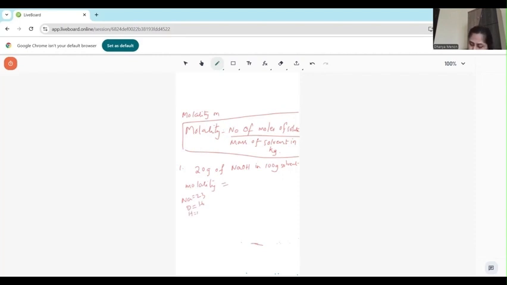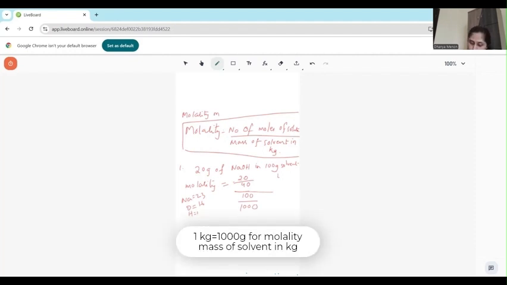Mass is 20 grams over molar mass, 23 plus 16 plus 1, over the mass of the solvent in kg. 100 grams is the mass of the solvent, but I need it in kg, so I have to divide by 1000, according to the formula.